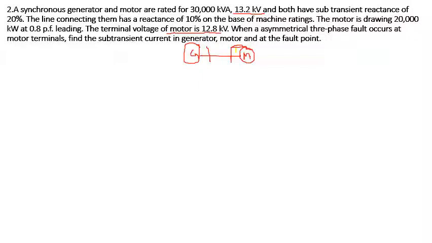Let's solve this problem. One more thing: the rated values we are considering are 13.2 kV for the generator and motor, but the working voltage is 12.8 kV. So you have to remember all these values when solving.